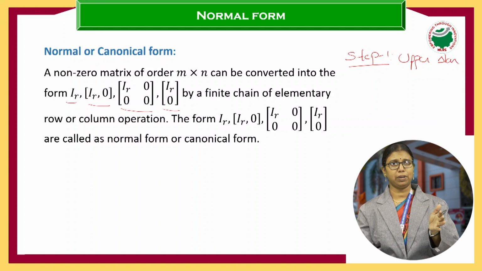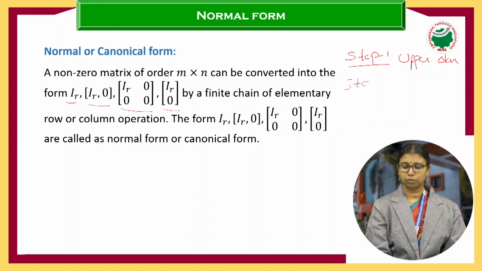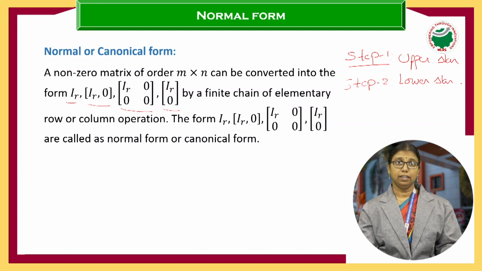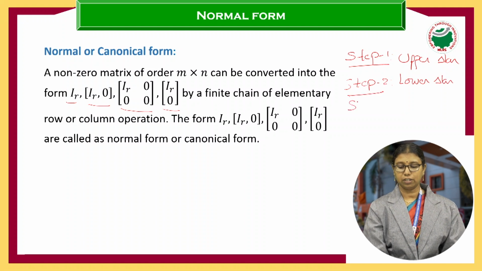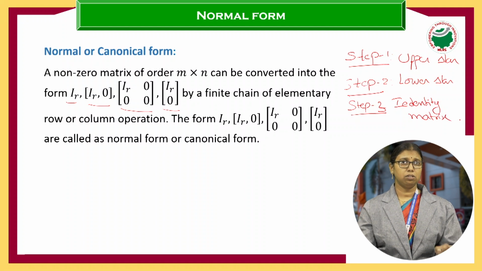First you convert the given matrix to upper triangular form. Then in step 2, you convert the matrix to lower triangular. Then in step 3, you focus on the canonical form, the identity matrix form. So you have to complete the solution in 3 steps.